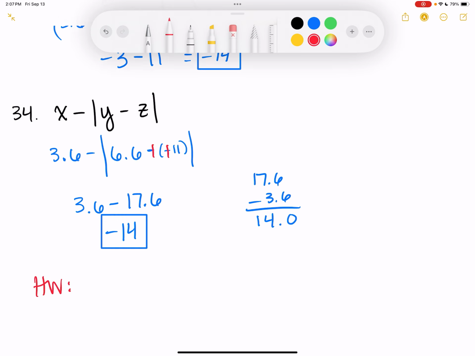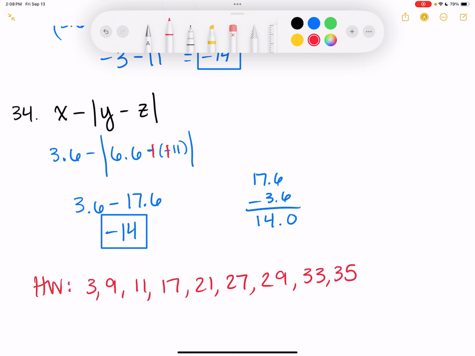All right, your problems are going to be 3, 9, 11, 17, 21, 27, 29, 33, and 35.